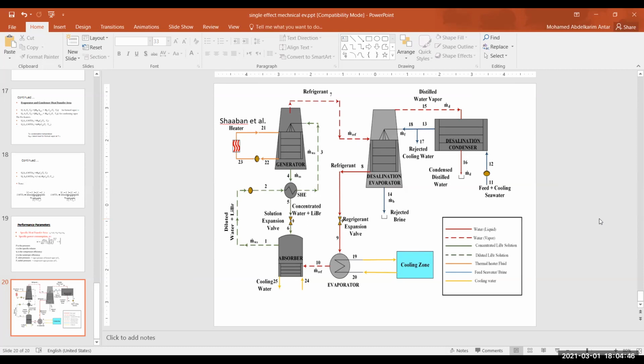He also used metal organic frameworks, which are superior in performance compared to the silica gel, but they are a little bit expensive. So when it comes to the economic process and whether it will find a place in the market or not, we're just waiting for the prices of the metal organic frameworks to be reduced so that they become competitive in the market.